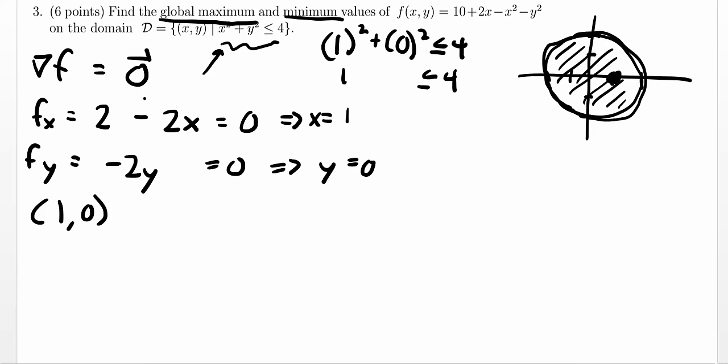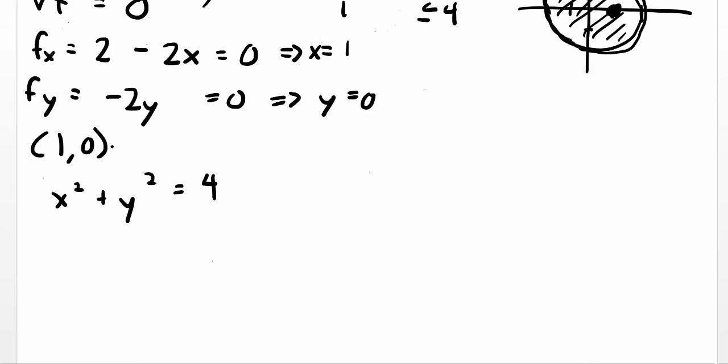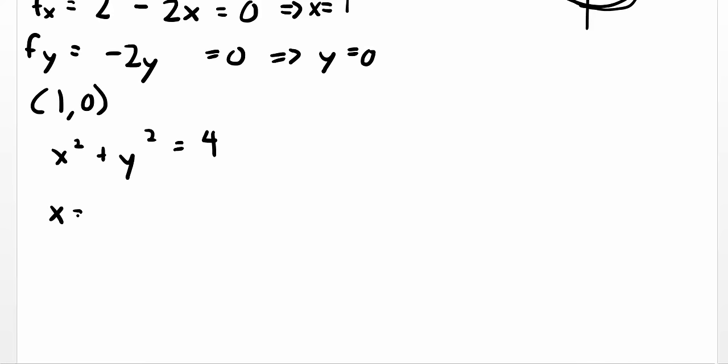Remember how to parameterize a circle from earlier in the course. We're going to let x be the radius, in this case 2, times cosine t, and let y be the radius times sine t.